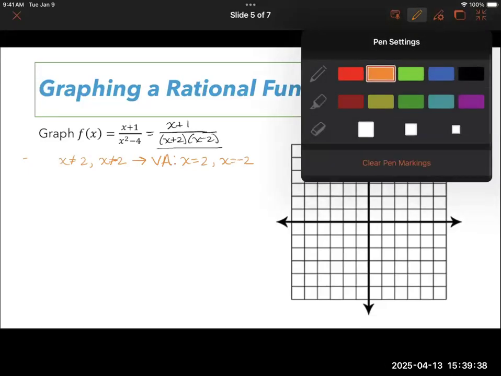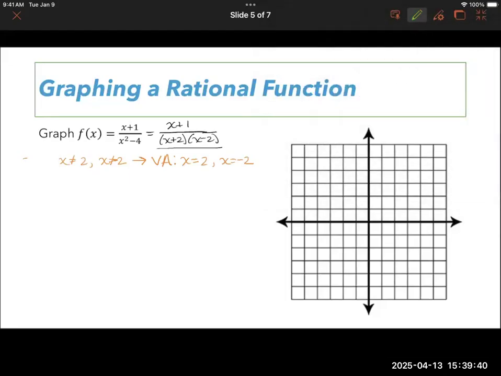All right, next, let's take a look at end behavior. So with end behavior, we're looking at the degree. I have a first degree polynomial in the numerator and a second degree polynomial in the denominator.